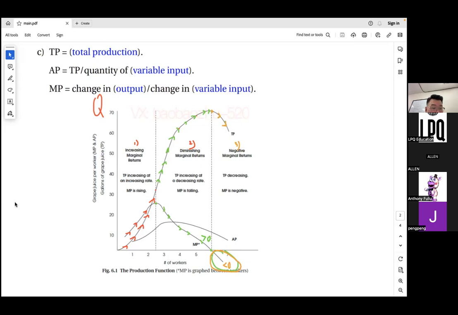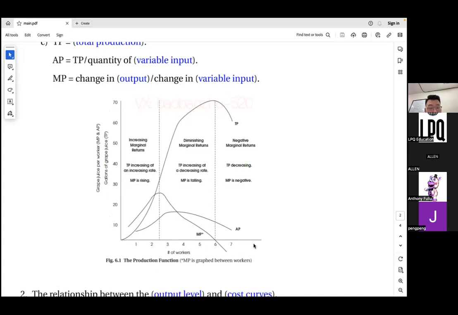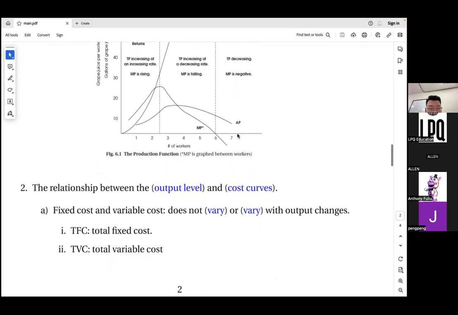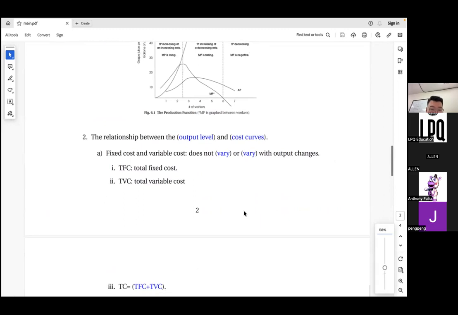So far we have the relationship between the quantitative variable input, the number of workers hired in my example, and the production curves. But remember the biggest problem we want to deal with in today's lecture is the relationship between quantitative output and the cost curves.